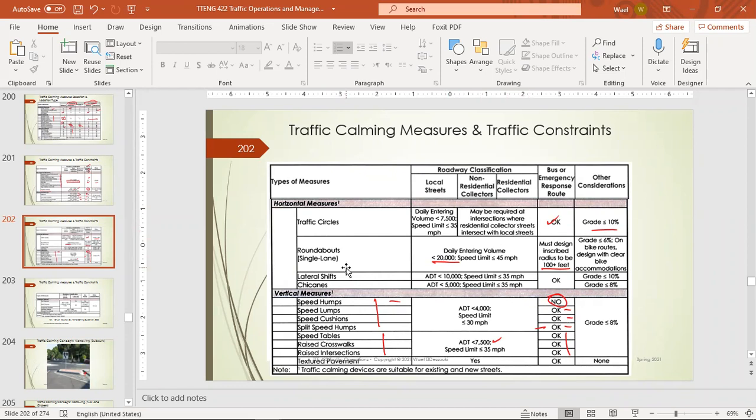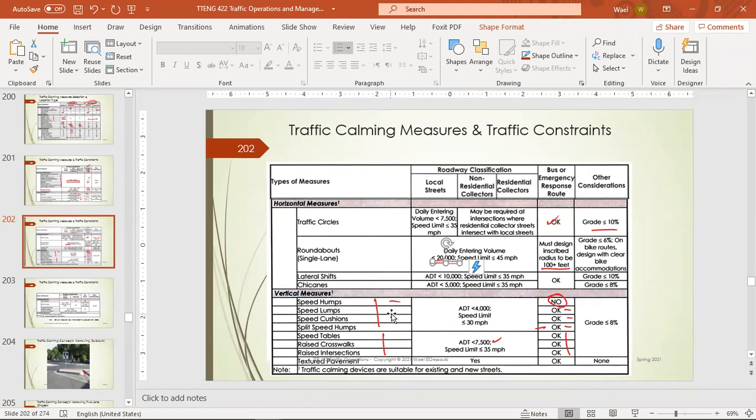But for roundabouts, if the daily volume is less than 20,000, we can apply roundabouts. Speed humps, speed lumps, across the board the average daily traffic must be less than 4,000 vehicles per day, and the speed limit less than 30 miles per hour.